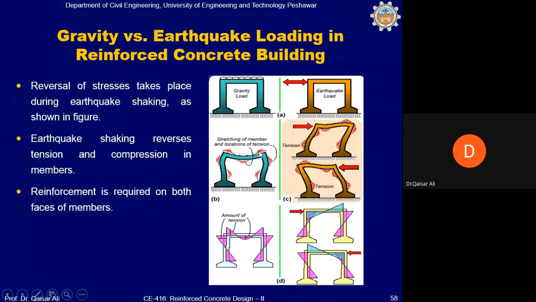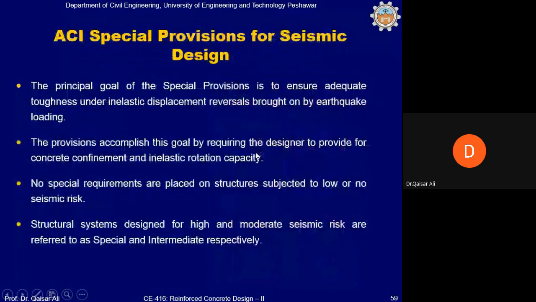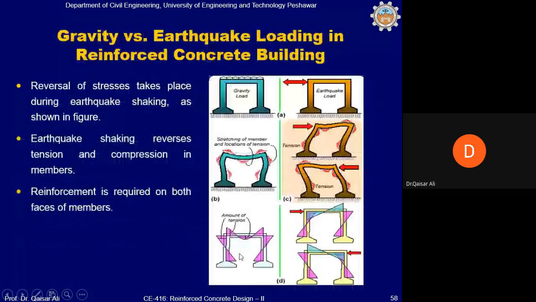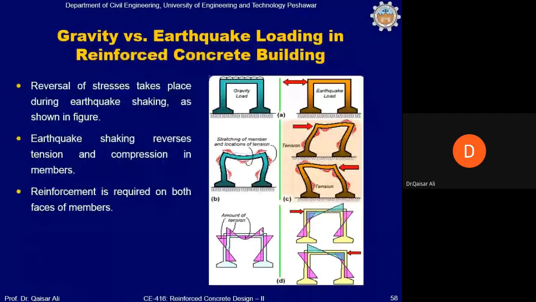In other words, the bending moment produced due to gravity load shall be added to the bending moment produced at this location due to earthquake load, which is this bending moment. And then the reinforcement at this end must be provided against this combined bending moment.